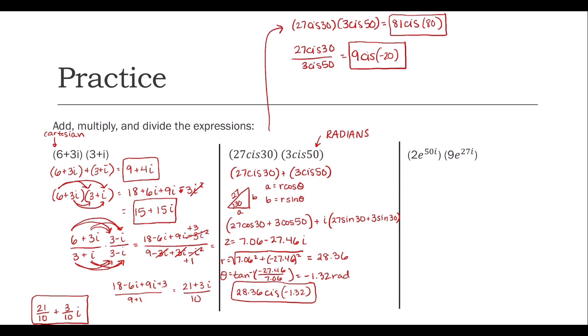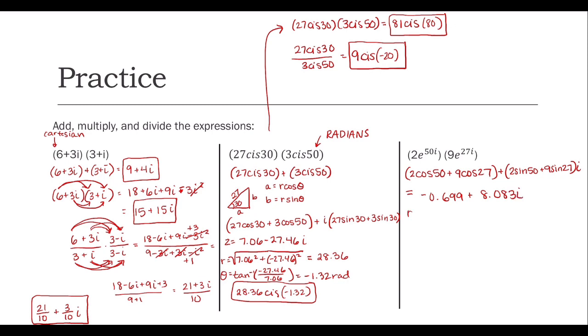So we'll have r cosine theta plus r cosine theta for our a value, plus our b value, which is going to be r sine theta plus r sine theta times i. So that equals negative 0.699 plus 8.083i.